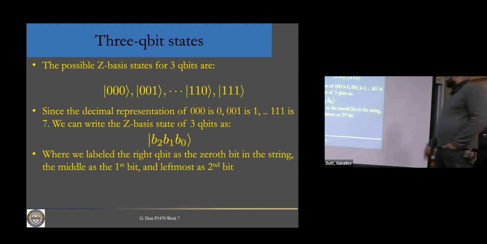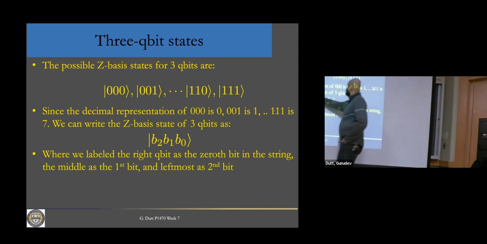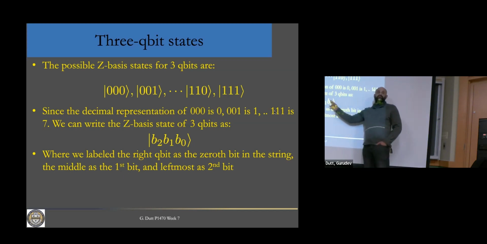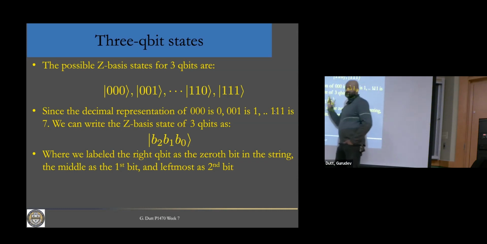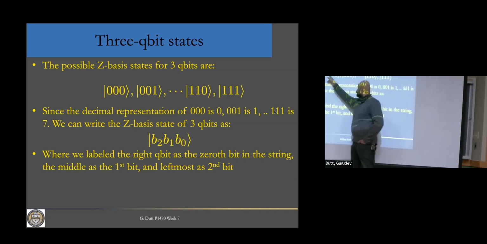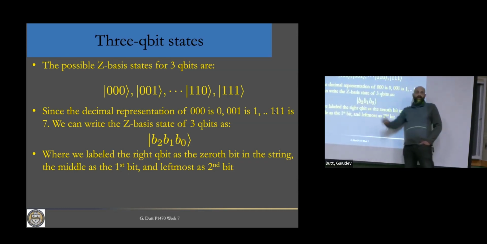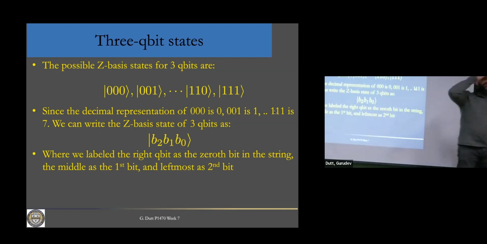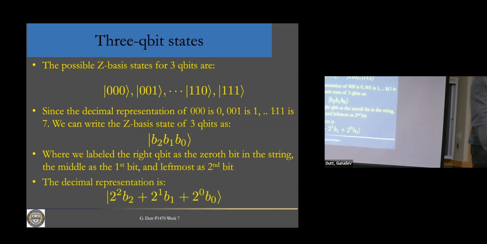So we labeled the right qubit. Notice that the rightmost qubit, I labeled as having the least significant bit in the binary string. The middle qubit, of course, is the middle digit. The leftmost qubit is the most significant bit in the binary string.